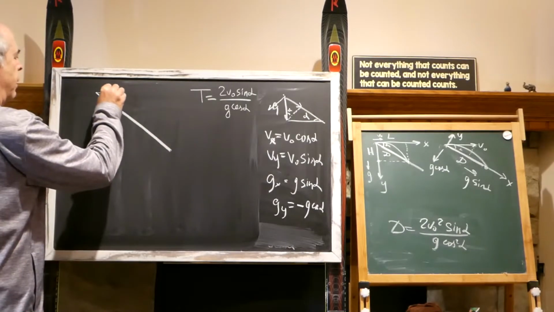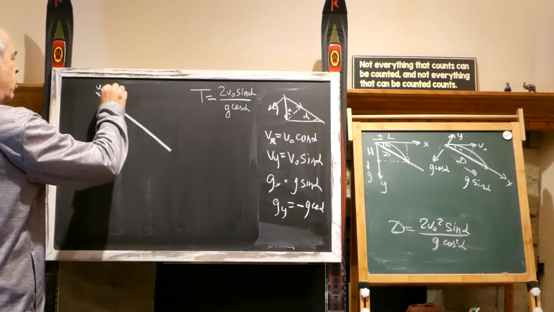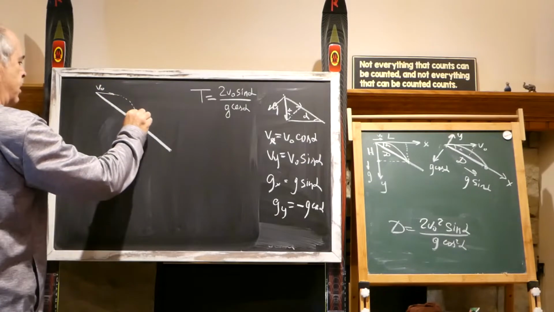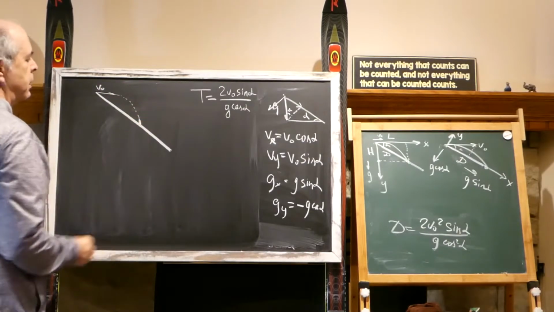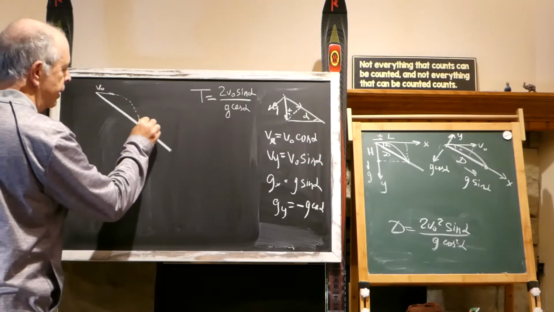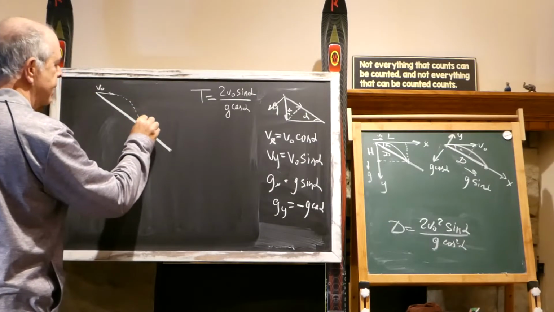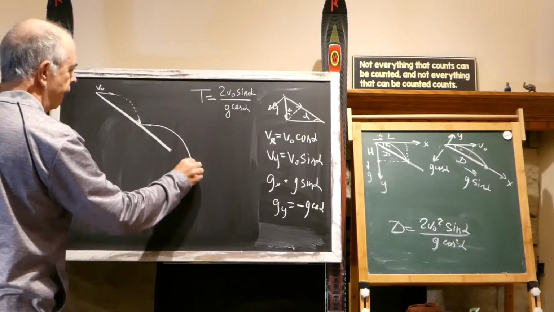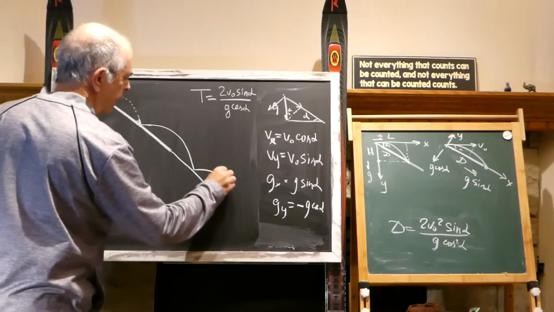When there is a body, it travels with this V0, and then it goes down, and it hits with some speed, and it's reflected with the same exact speed, and it goes again, and again.